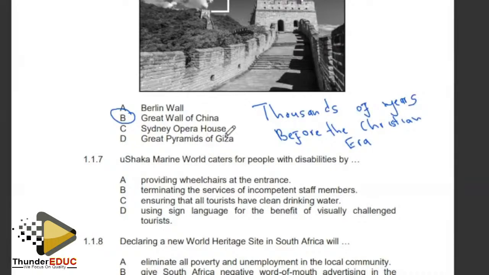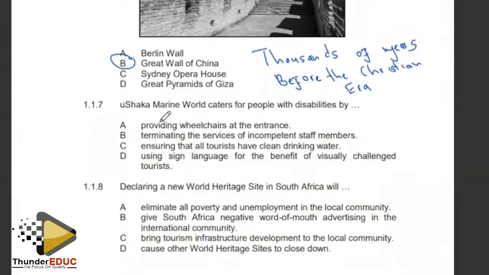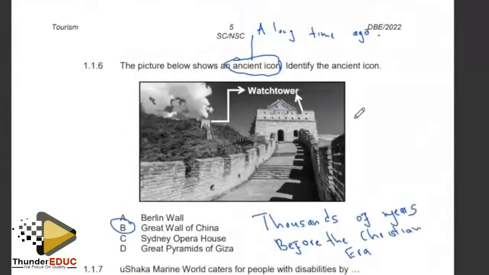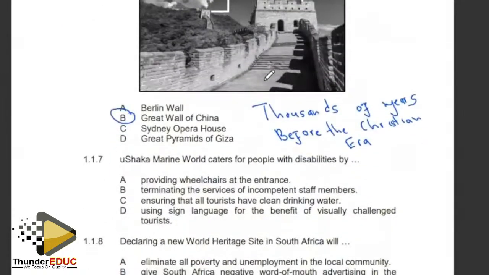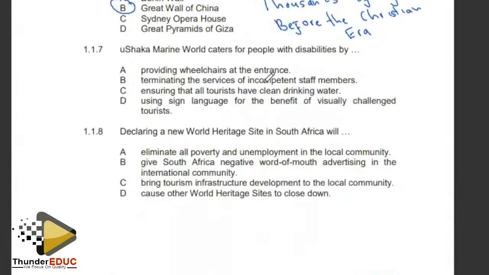Then it cannot be the Sydney Opera House, because obviously the Sydney Opera House is a recent structure which was built in Australia. Then it does not represent the Great Pyramids of Giza, because even looking at the shape, it is not anywhere near a pyramid. So our correct answer would be the Great Wall of China.